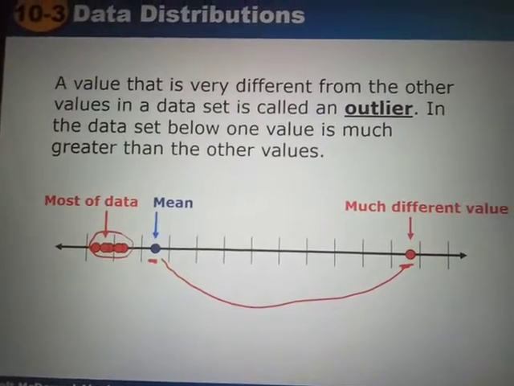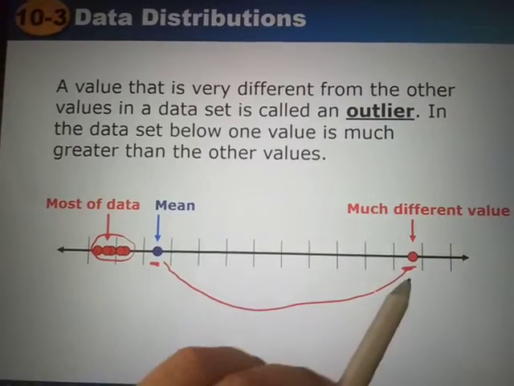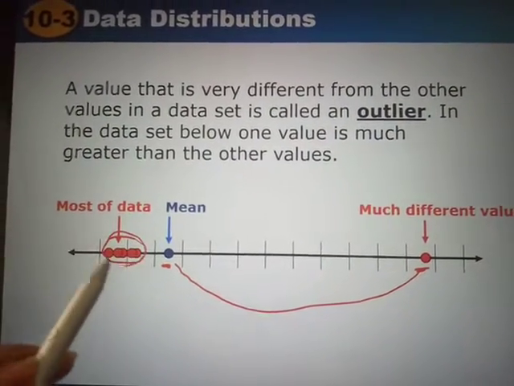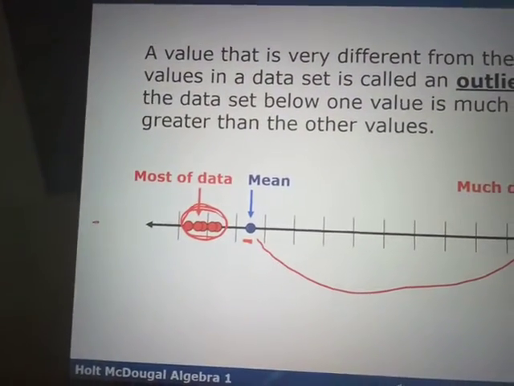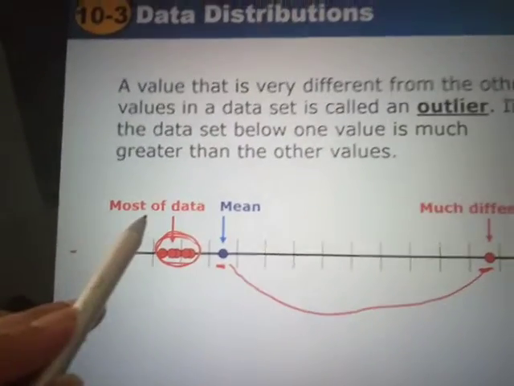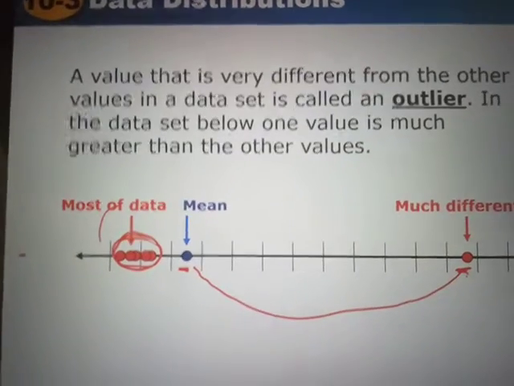The outlier is not necessarily the greatest value. Maybe it is the least number among all the values here, but it is necessary that we have a big gap between most of the data and the outlier.